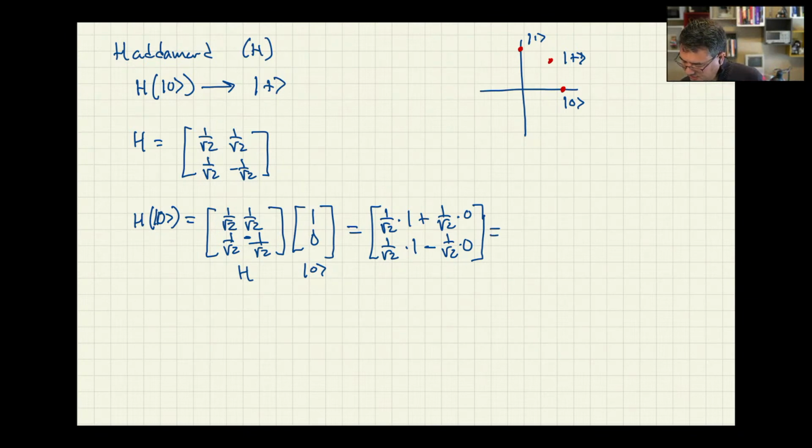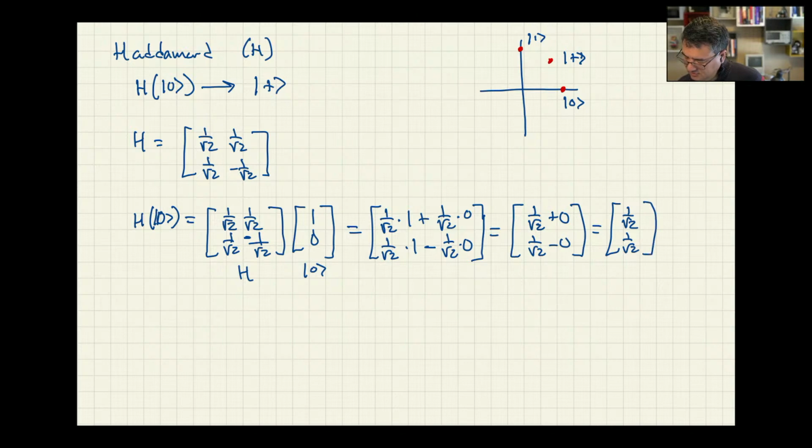Okay, and so we get 1 over root 2 plus 0 on the top and 1 over root 2 minus 0 on the bottom, and that is 1 over root 2, 1 over root 2. Woo, that's exactly what we wanted.